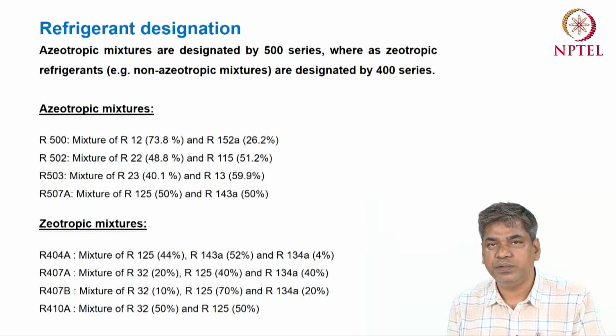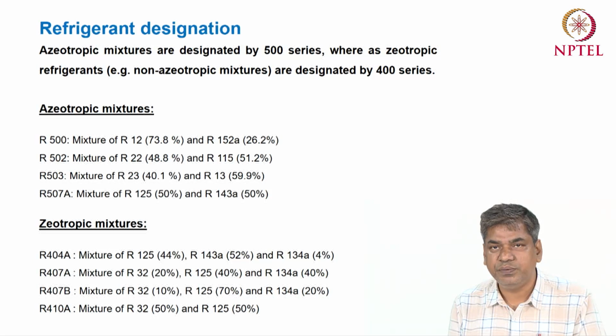Similarly, R502 is a mixture of R22 and R115. Similarly, R503 is a mixture of R23 plus R13. Similarly, R507A is a mixture of R125 plus R143A. So these are all azeotropic mixtures.